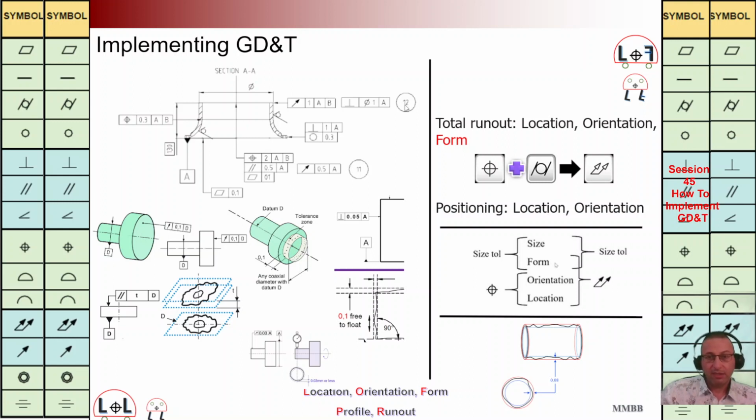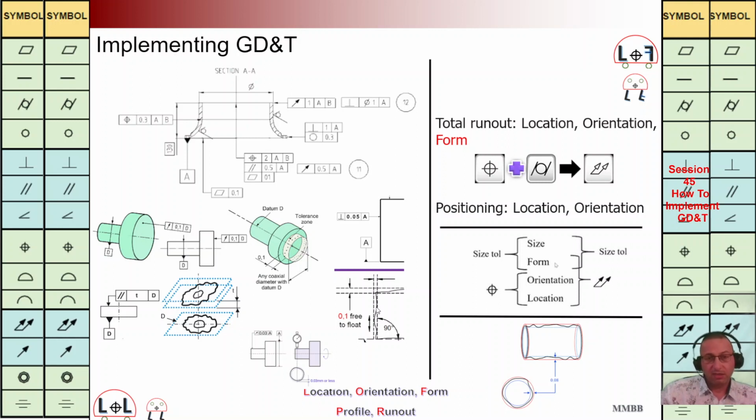And for this number 12, we have run out and perpendicularity. Again, we are going to implement this one. Personally, again, I think it is good to implement this perpendicularity in order to control this outer surface of this cylinder, as we can see here in this figure.